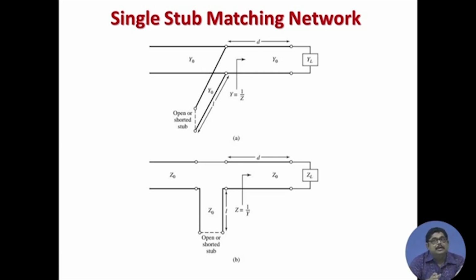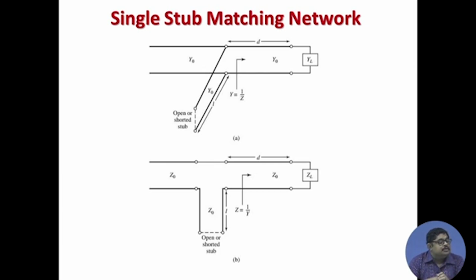Finally, after you cross the stub, looking from the left end, it should see the characteristic admittance, so that it becomes matched. So, single stub matching network will look like this, where YL is matched to Y naught after the stub and the transmission line are connected.